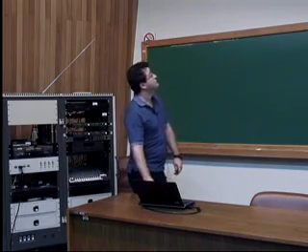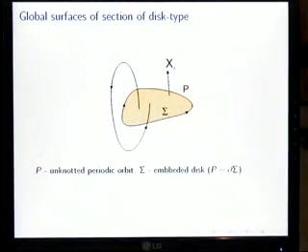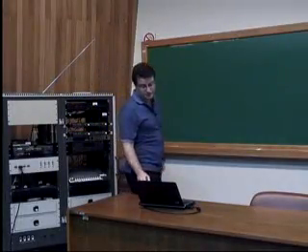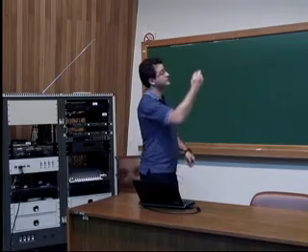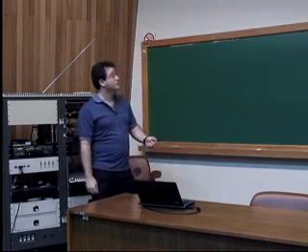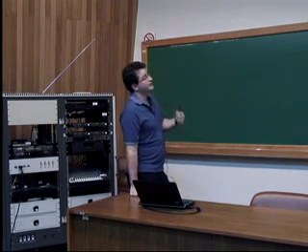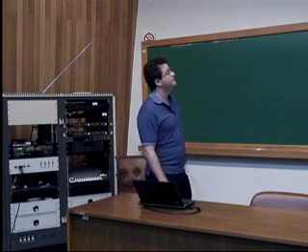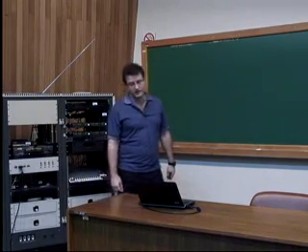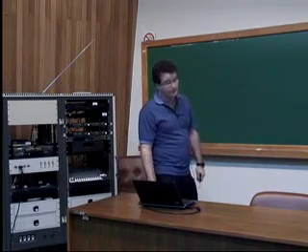So we look in S3 for global sections. As Humberto has explained, in this case we look for global sections which are embedded disks in S3, and the boundary of this disk is a periodic orbit, and the interior of the disk is transversal to the Reeb vector field, and it has the property that every other orbit will hit this embedded disk infinitely many times, backward and forward in time.